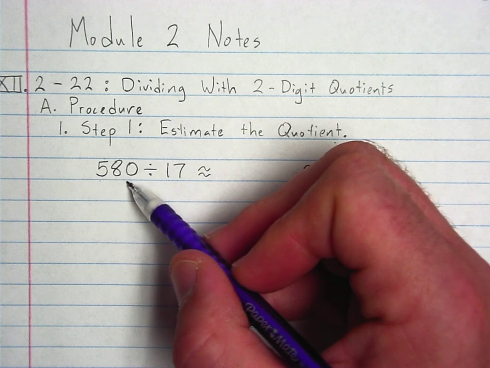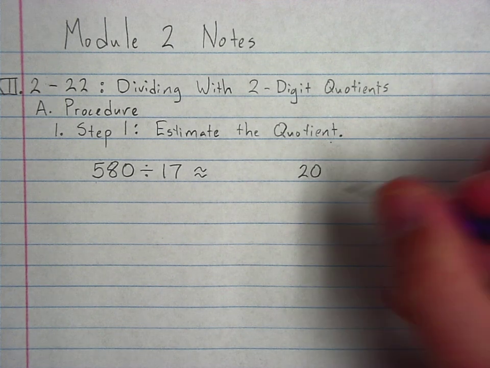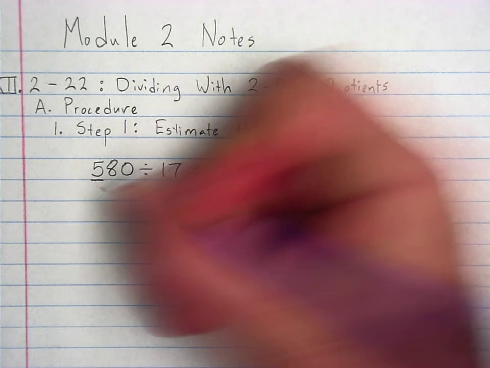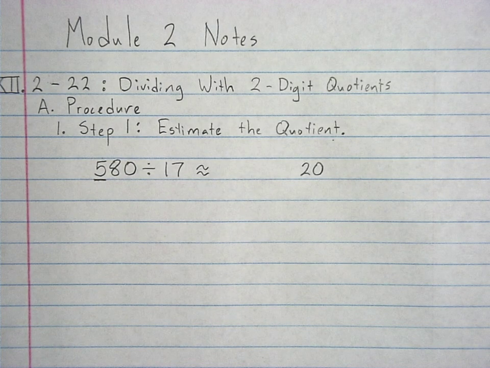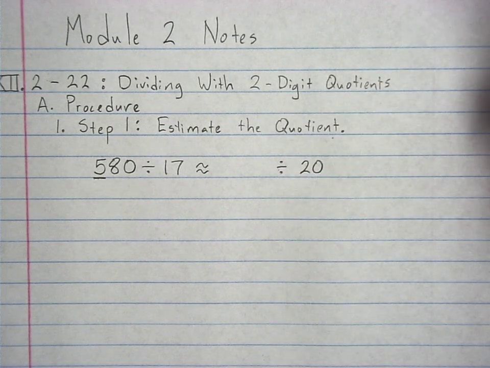For 580, got a couple different options here, but probably my best option is just to look at that very first digit and say, hey, 5 divided by 2 is not going to work very well. What is close to 5? What is a multiple of 2 that is close to 5?